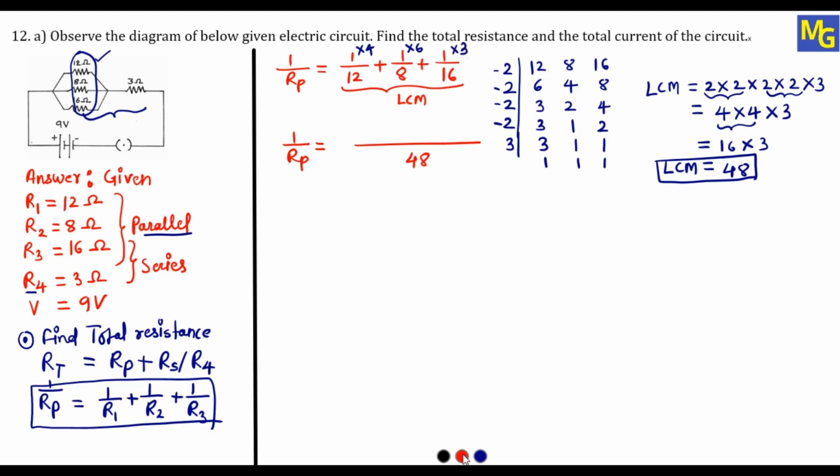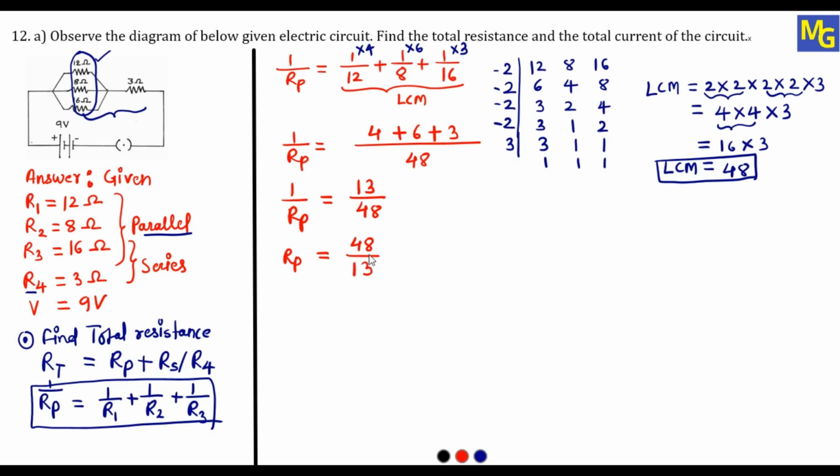So now calculate. Here it will be 4 plus 6 plus 3. So 1 by RP is equal to what are we going to get? 6 plus 4 is 10, 10 plus 3 will be 13. It will be 13 divided by 48. Now it is 1 by RP, so reverse this and we will get the value of RP. RP is equal to 48 divided by 13.